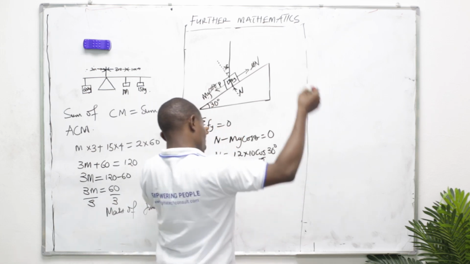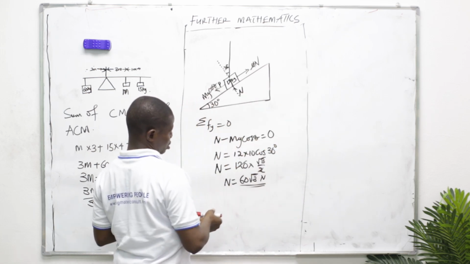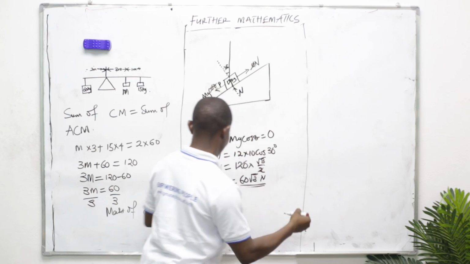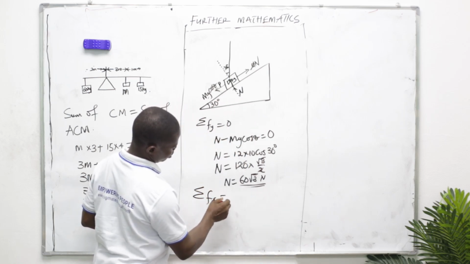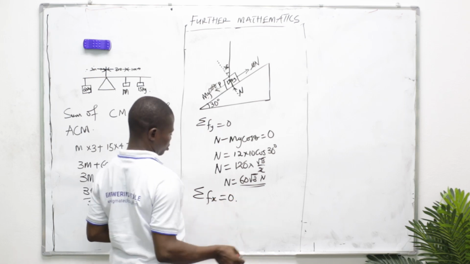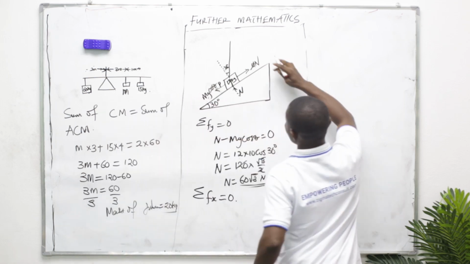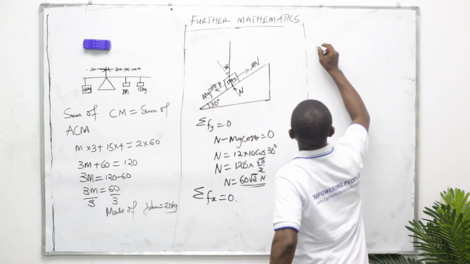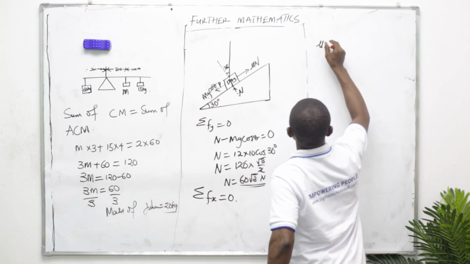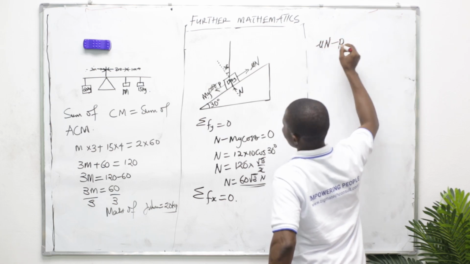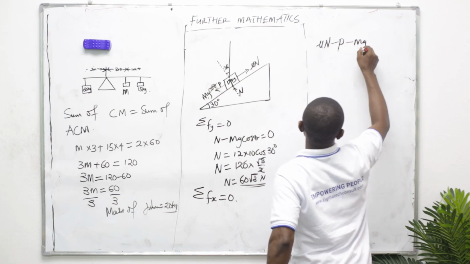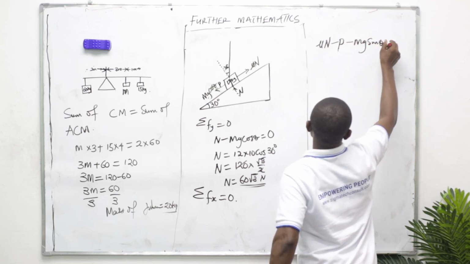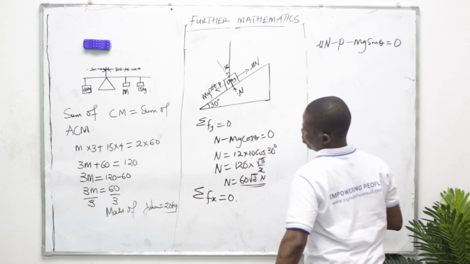Now, at the point of moving down, that's the horizontal side, summation of Fx equals 0. So to move down, we are dealing with this part. We have mu N minus P, the value of P we are to look for, minus mg sin theta equals 0.